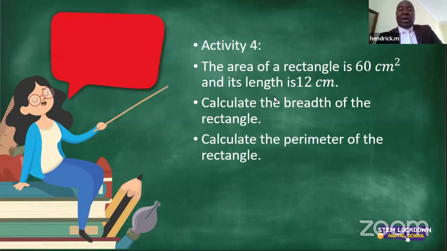You need to calculate the breadth of the rectangle and thereafter calculate the perimeter. So you can see this activity is different. You now have the area. You also have the length. Can you find the breadth?